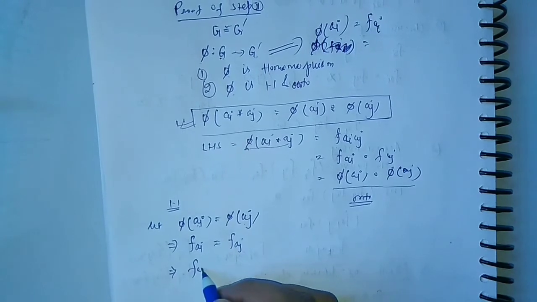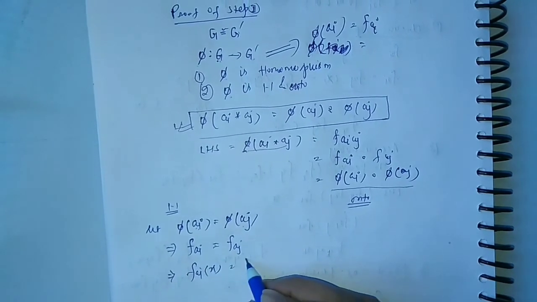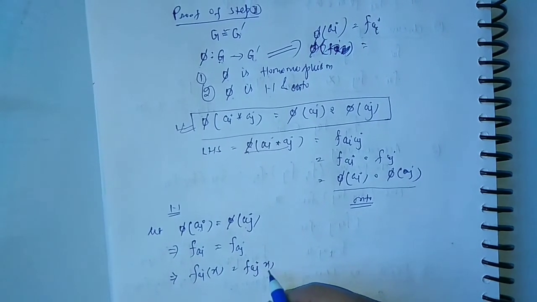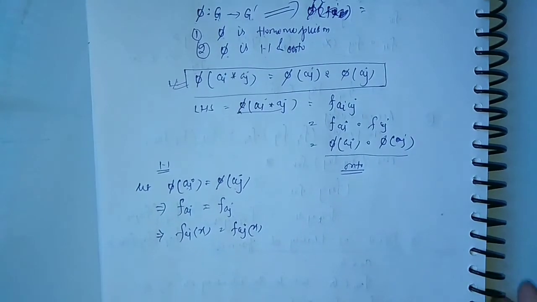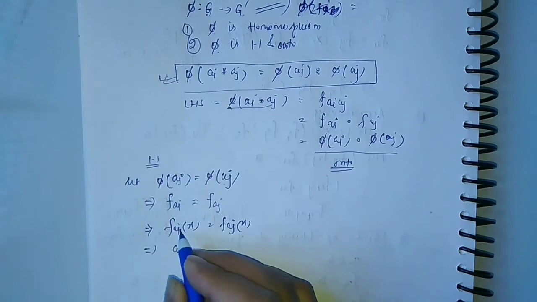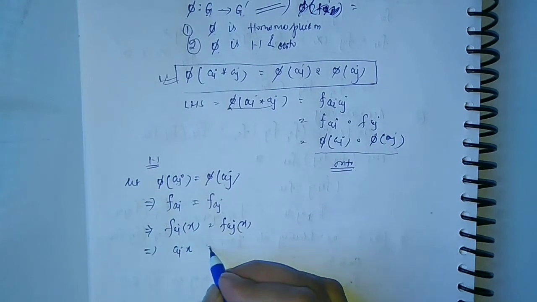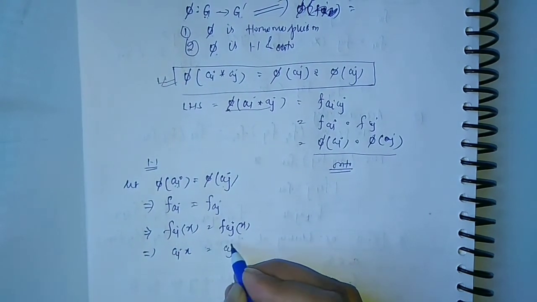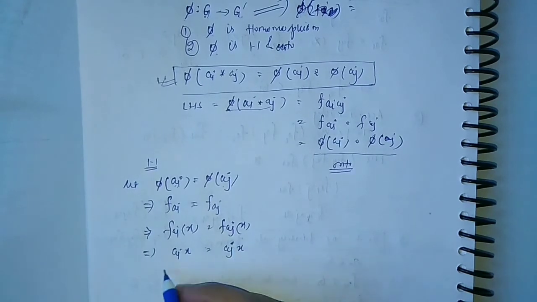And taking an element x on both sides, we will get ai x from the definition of f(ai), and it is equal to aj x.